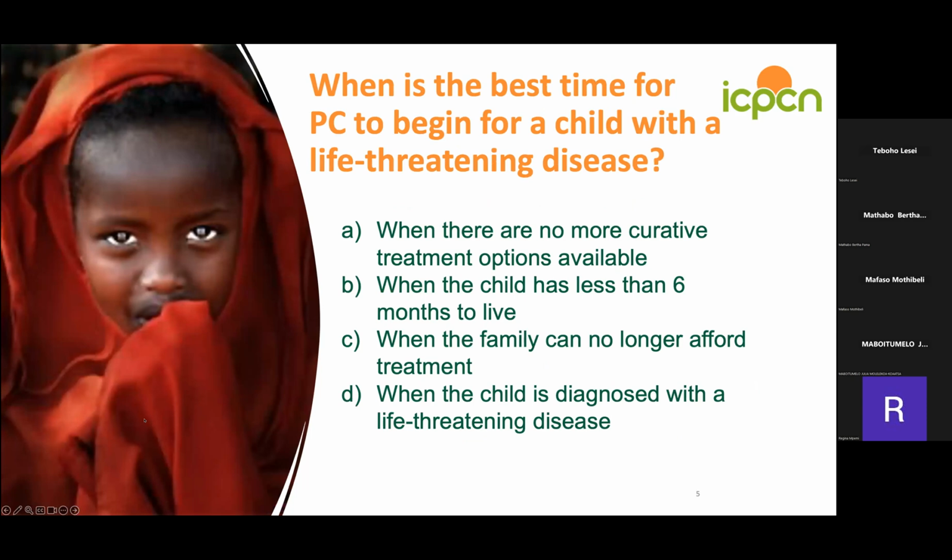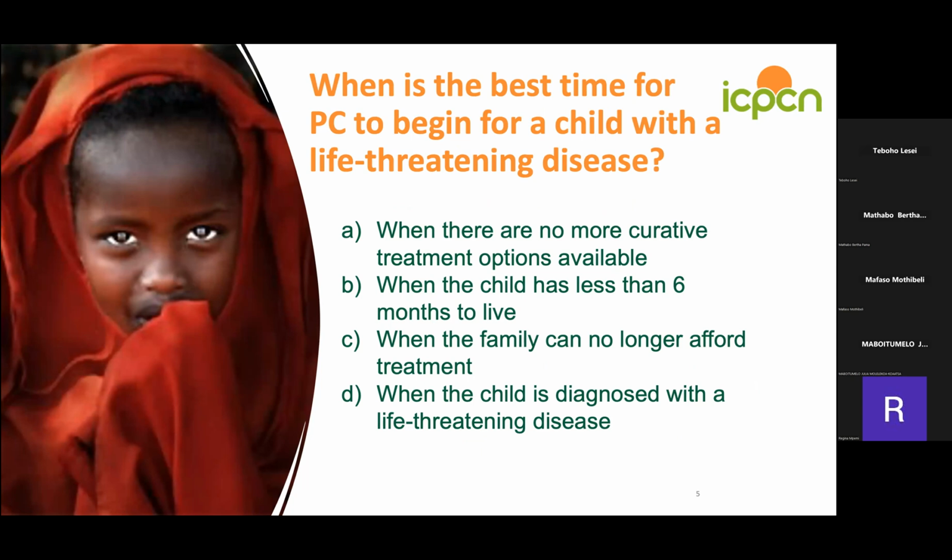So another question we often get asked is, when is the best time for palliative care to begin for a child with a life-threatening disease? I've already given you the answer, but it's so important that we start providing palliative care when the child is first diagnosed or recognized as having a life-threatening disease.